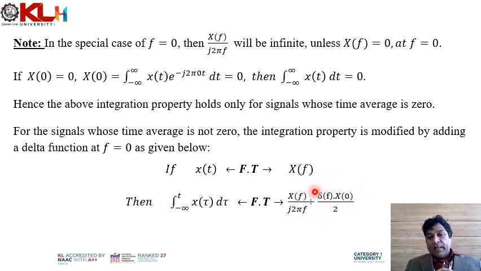So we are adding a delta function for the more general case where the signal's time average is non-zero. So this is a more general integration property that even applies for all the signals whose time average is non-zero.